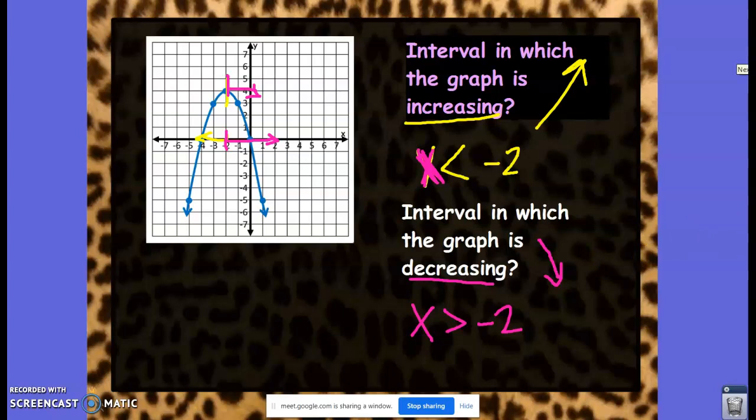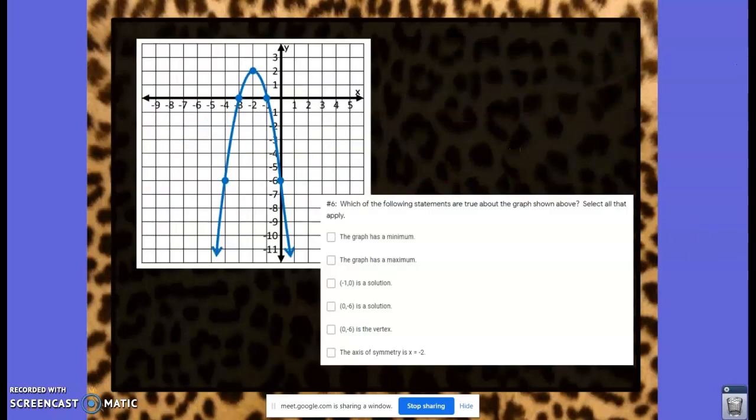The final example I'm going to do with you is this multiple choice, but there's more than one that are right. So we're just going to look at the graph and pick out the important stuff. If my vertex is here, is that a minimum value or a maximum value? It's a maximum value. Okay, so this I would select, which means the graph has a minimum value is not a correct answer. Okay.